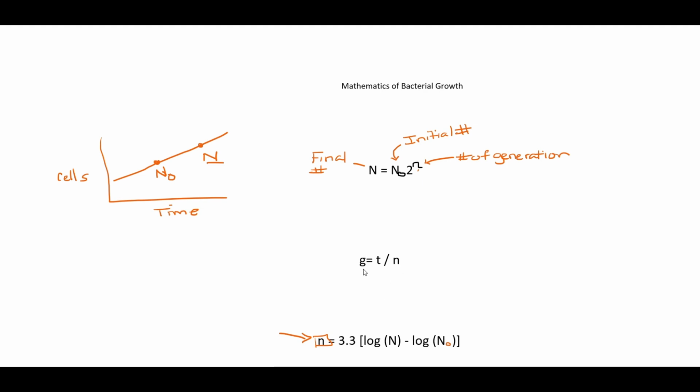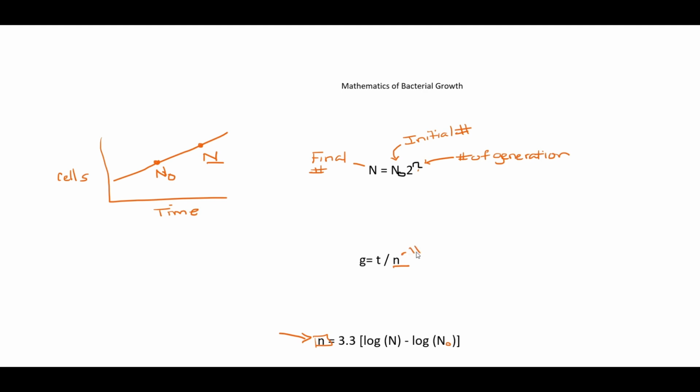Another way, we have g equals t over n, where n is the number of generations, t is the time, the duration time, which is how long it takes for the bacterium to double.